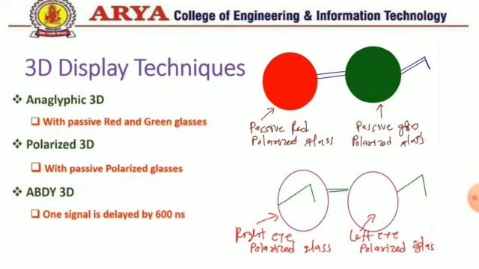As the signal is delayed by 600 nanoseconds, you will find two separate images appearing in front of you, and those two images can be separated by glasses, and because of that you will see a three-dimensional structure in front of you, even though it is 2D. So these are the three different techniques available to display 3D images.